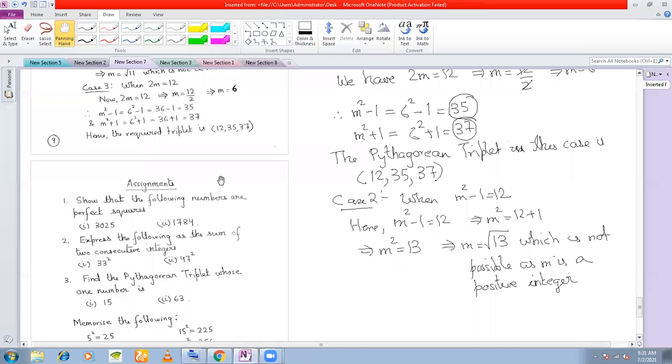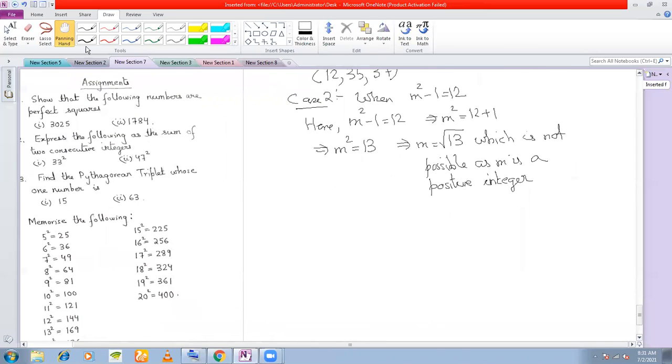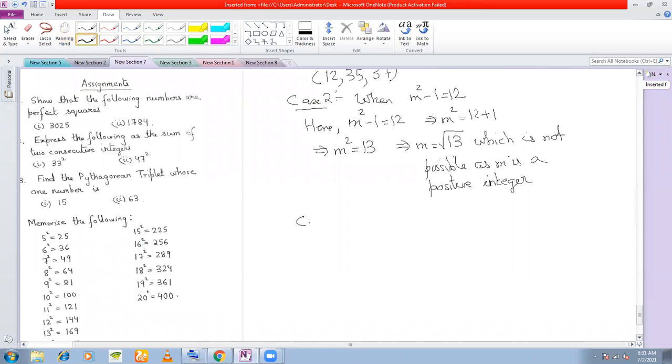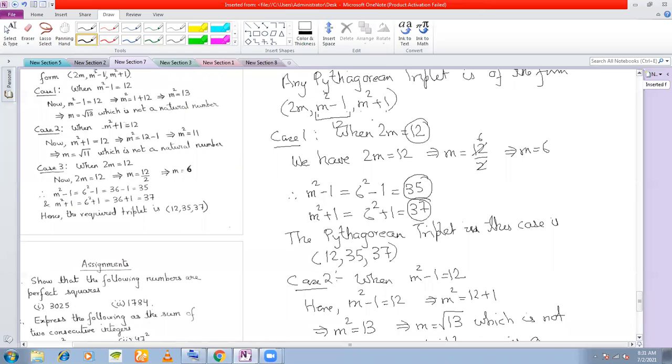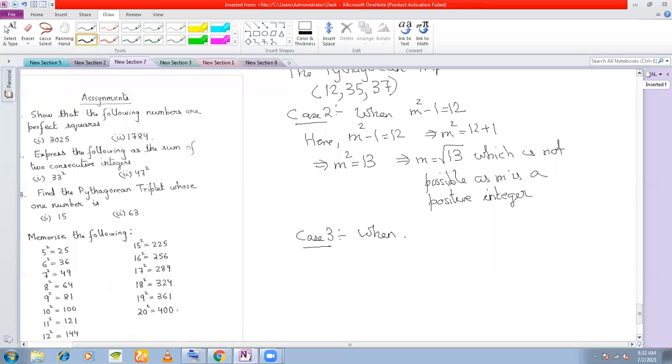Fine. So this case is not possible. We'll not get any triplet in this case. Let's see case 3. In this case, we consider m square plus 1 to be 12. Then what will happen? M square plus 1 is equal to 12 means m square is equal to 12 minus 1.